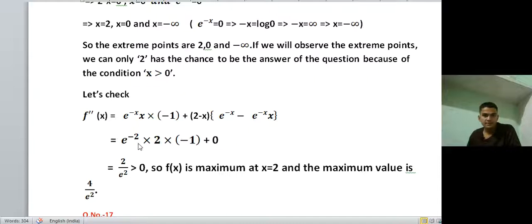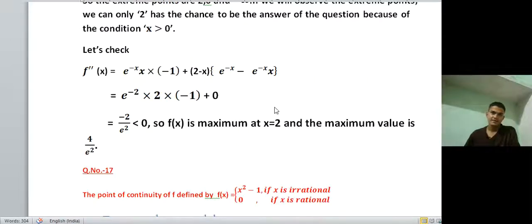Then at last this is minus 2 by e square, and e is an irrational number. It is a non-terminating and non-recurring decimal number. If you accept till 3 decimal places, it will be 2.718.